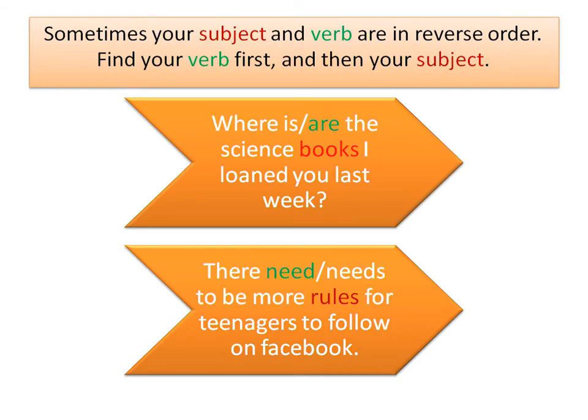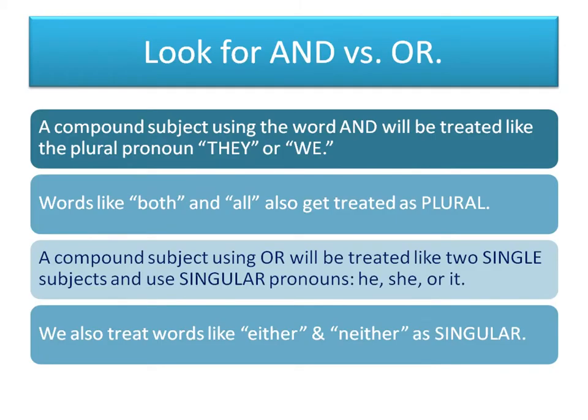Let's take a look at the next rule. Look for and versus or. A compound subject using the word and will be treated like the plural pronoun they or we, as in mother and I would be we. Mother and Jane would be they. Words like both and all also get treated as plural.